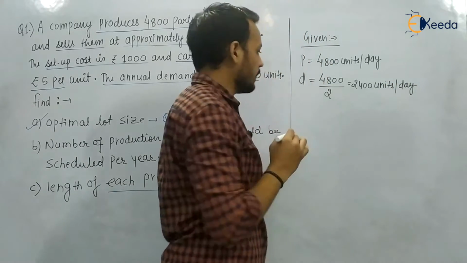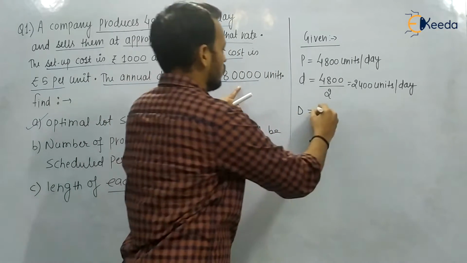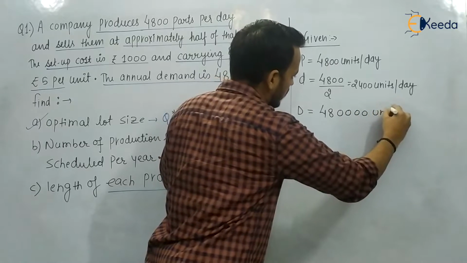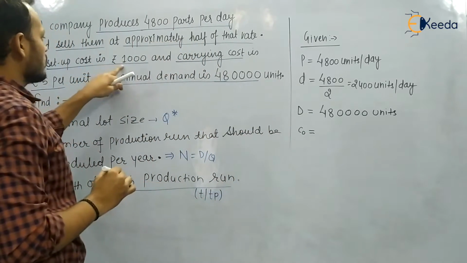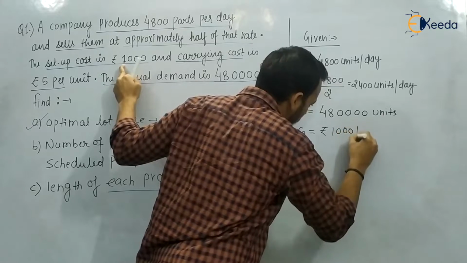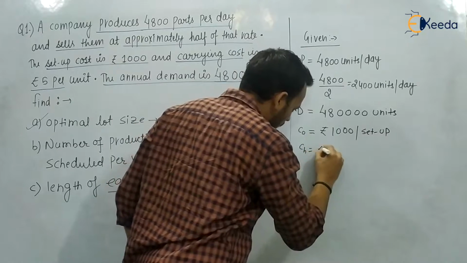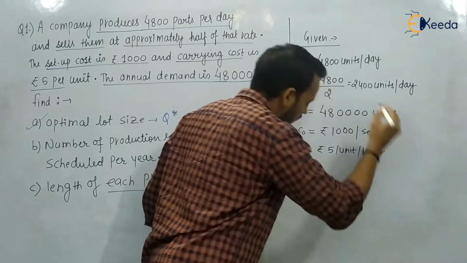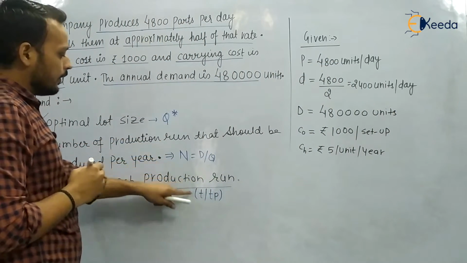Capital D, the annual demand, is 480000 units. Setup cost means C naught is given, rupees 1000 per setup or per order, and CH, the inventory carrying cost, is rupees 5 per unit per year. Now we have to find Q star, N and TP.